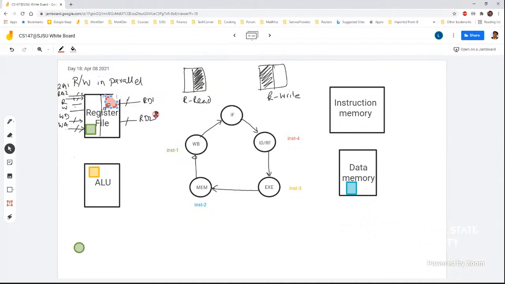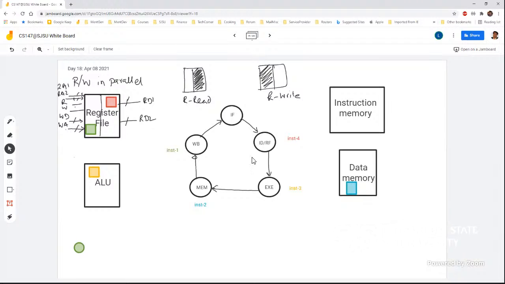So everything is separate. All we did was allow a little modification in the digital circuit of the register file to allow read and write in parallel at the same time. And that's where we can resolve these conflicts.